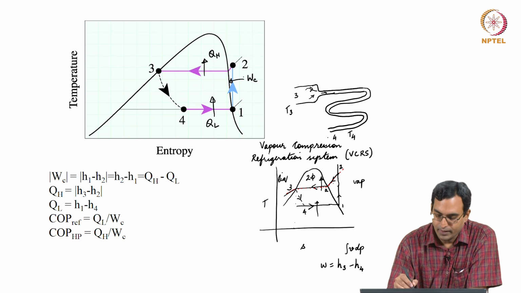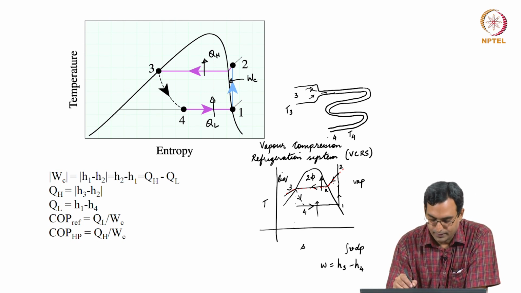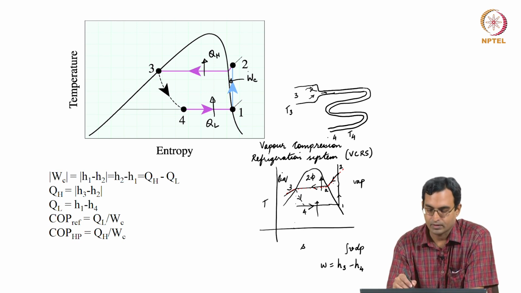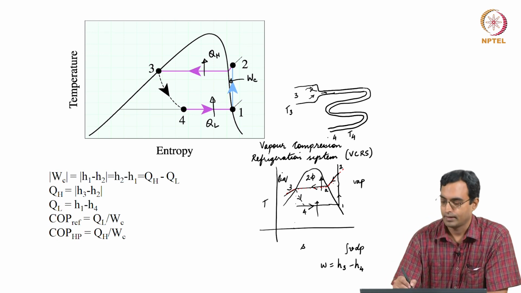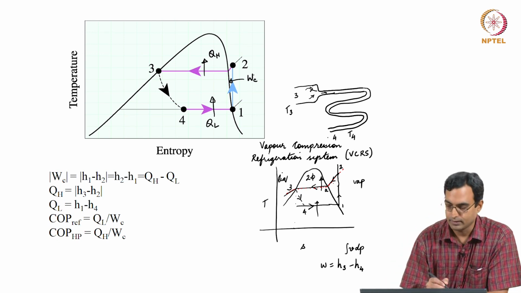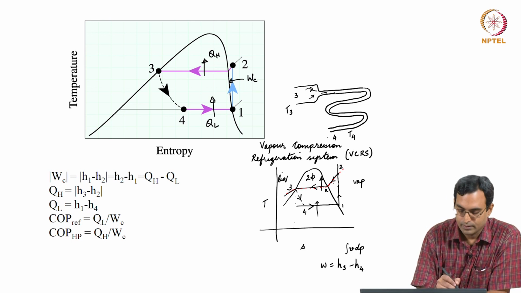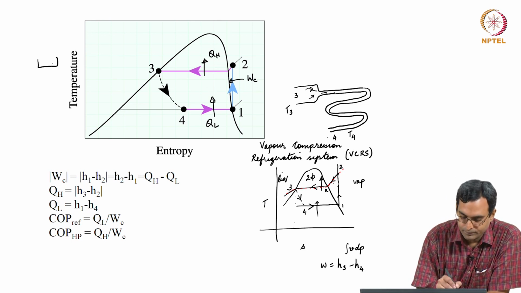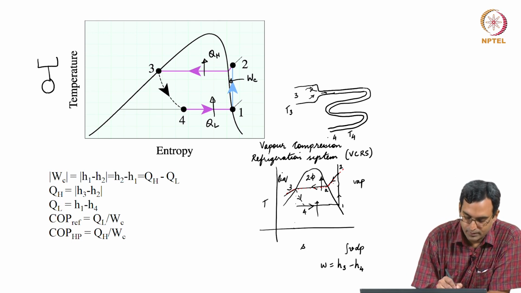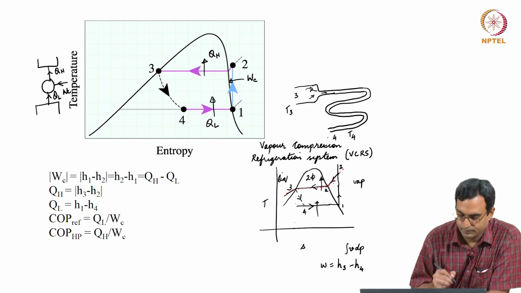So, if you want to find out the amount of work coming in over here, this is isentropic, there is no heat interaction here. What we have been typically doing is drawing this as some kind of a system of this kind. This is WC, this is QH, this is QL.